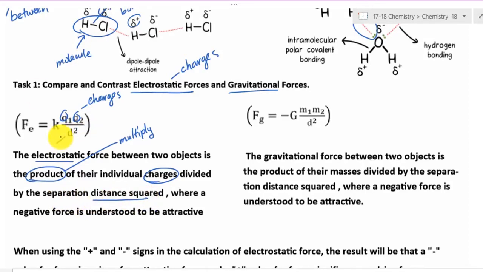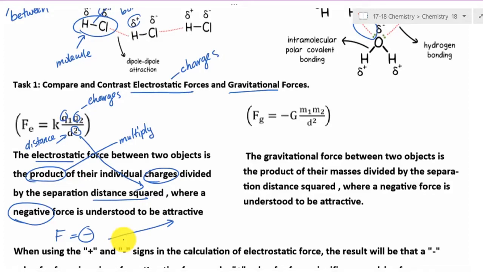Here we see d, that is your distance, and squared means to the power of 2. And one thing we need to realize is that if F is equal to a negative number, the negative force indicates that it is an attractive force. That means the two particles with the two charges attract together.